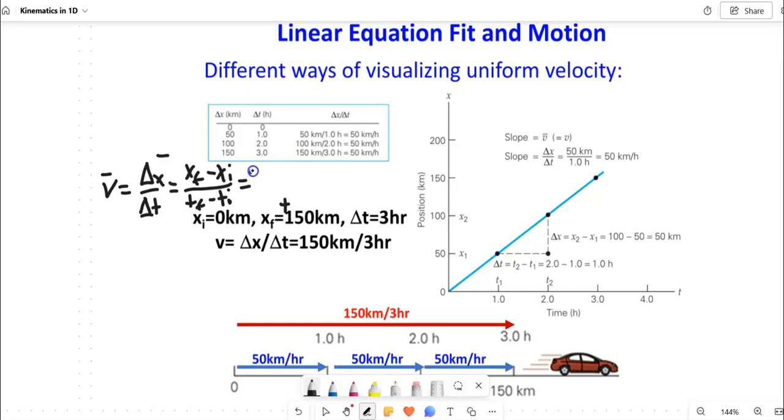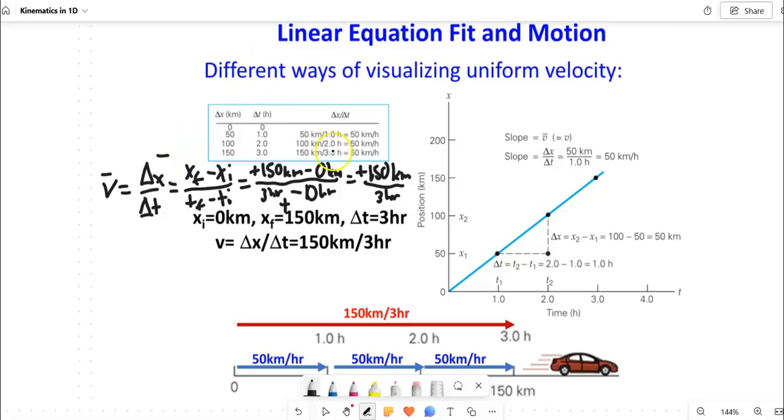This is going to be a positive 150 kilometers minus 0 kilometers displacement, over 3 hours minus 0 hours. So the total average velocity of the entire trip is a positive 150 kilometers over the period of 3 hours. And that's how we got that.